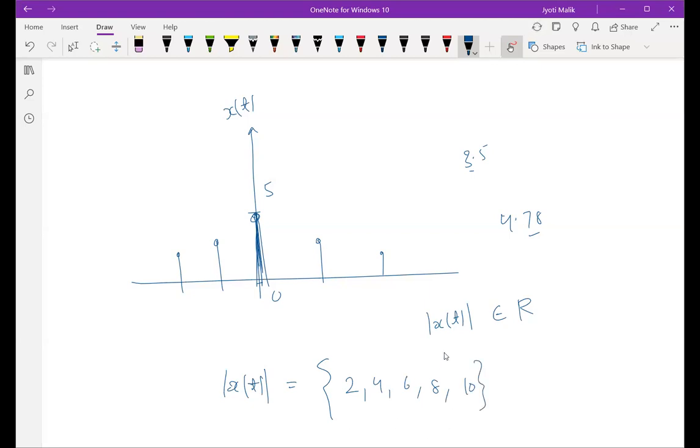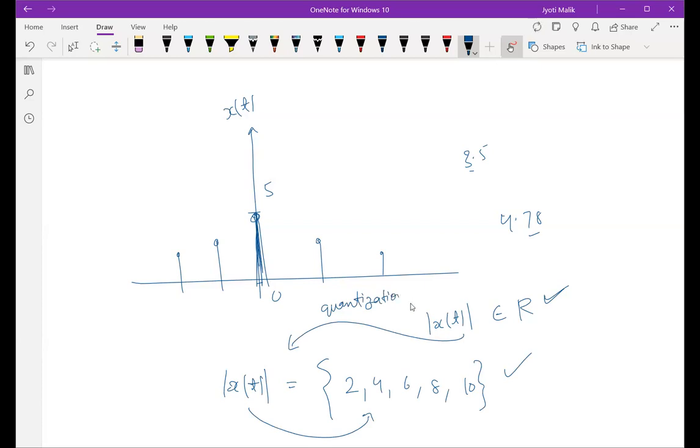Outside this, it cannot take any values. So this is quantization. Here, the magnitude was continuous in nature. Here, it is discretized. This process of going from here to here is known as quantization.